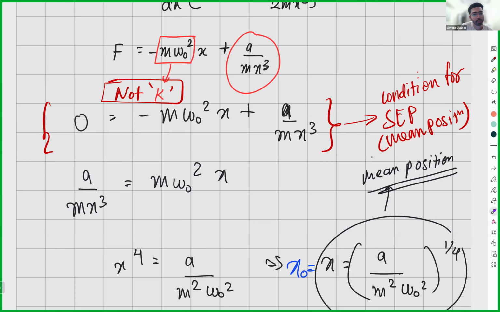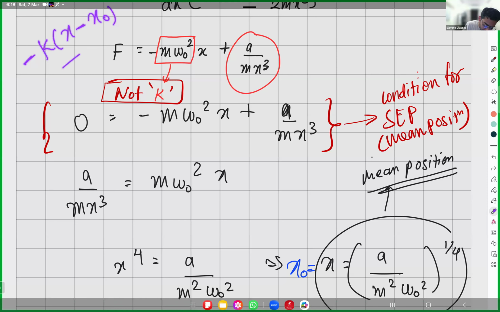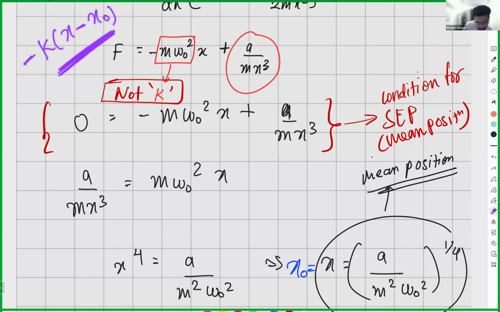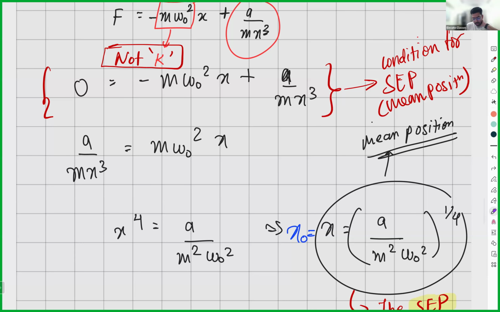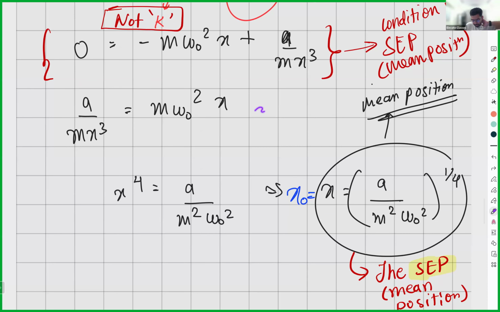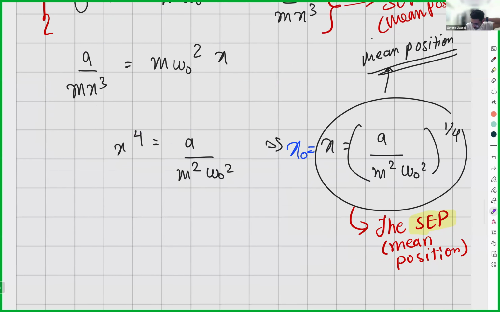Force is minus k times (x minus x naught), where x equals x naught, which is the mean position or the stable equilibrium point. So it makes the force zero, right? तो force zero हो गया है, उससे you find x. So this is my stable equilibrium point. This is the point where my force becomes zero. So that is why this is the stable equilibrium point x naught. All right.